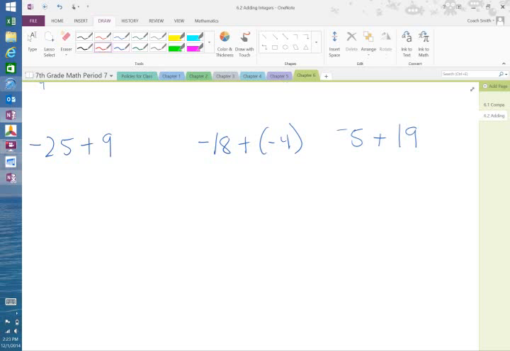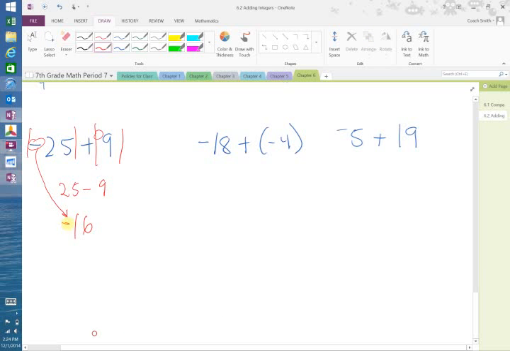Now, on that one, we have a positive and a negative, so we take their absolute values and subtract their absolute values. 25 minus 9 is 16. The larger absolute value is negative, so we got negative 16.